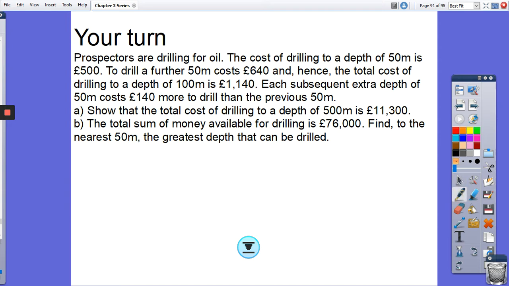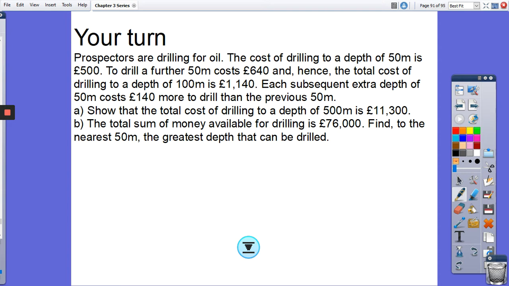So we have these prospectors, and each time I drill down 50 meters, it's getting more and more expensive. The deeper you go, the more expensive it is to drill even further. So let's have a look. What we want in part A is the total cost of drilling to show that it is equal to 11,300 when you go down 500 meters.